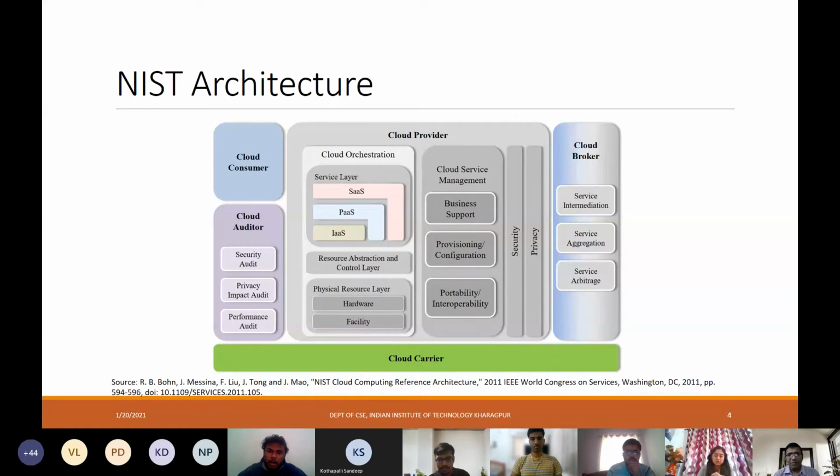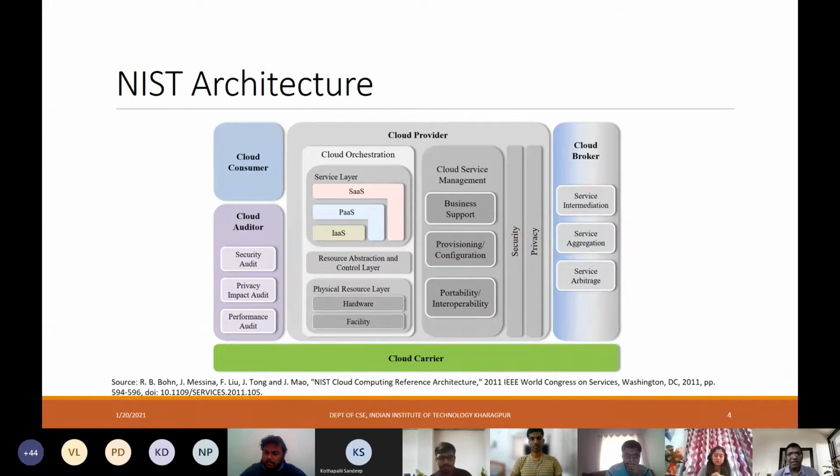the physical resource layer. So this service layer is actually the core of all the different computing services that are offered to the end users. So service layer has software as a service, platform as a service, and infrastructure as a service as the three different primary service offerings that cloud started offering, right?